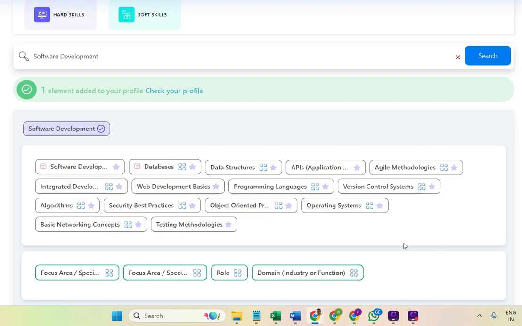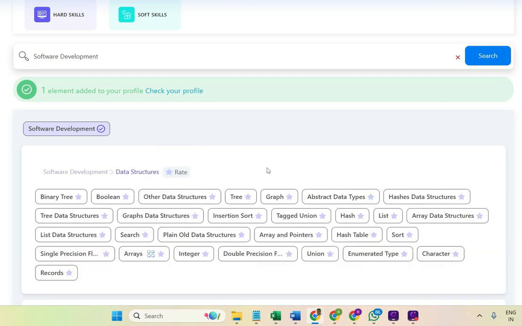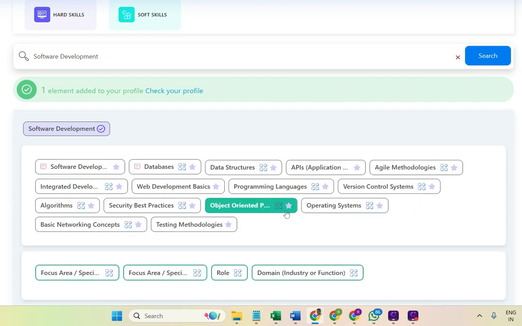So they are covered. This also drills down to different areas. For example, we could go to data structures and go below them to understand the data structures under them. Likewise, wherever we have this symbol, it indicates that there are skills underneath the particular area.